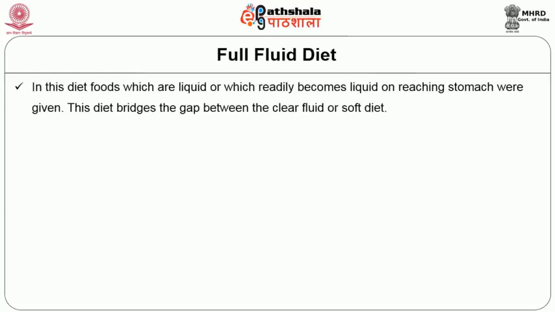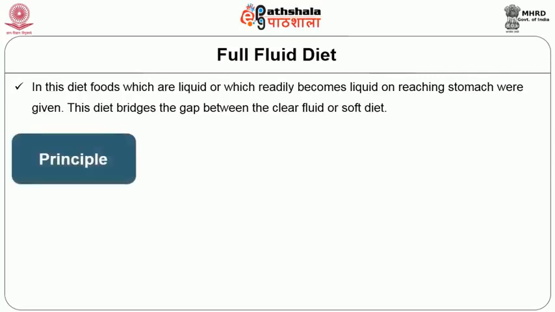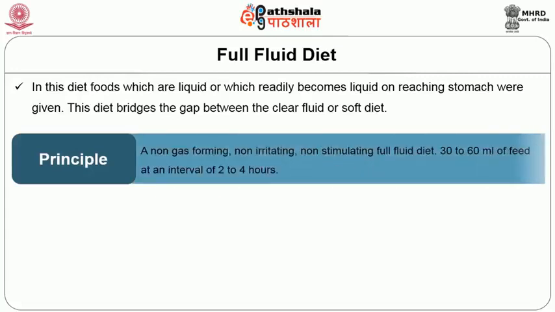In this type of diet, foods which are liquid, or which readily become liquid on reaching the stomach, are given. This diet bridges the gap between the clear fluid and the soft diet. The principle of this diet is that it is also a non-gas forming, non-irritating, non-stimulating full fluid diet.